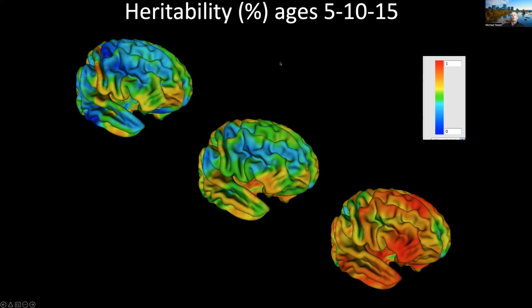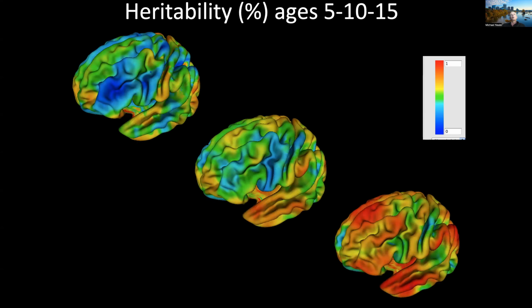It's increasing over time. So the red marks more heritable, the blue marks less heritable. And at these 3 selected ages of 5, 10, and 15 years old, you'll notice that the 15-year-old's brain looks appreciably redder, suggesting that there's a higher heritability of cortical thickness at the older age.